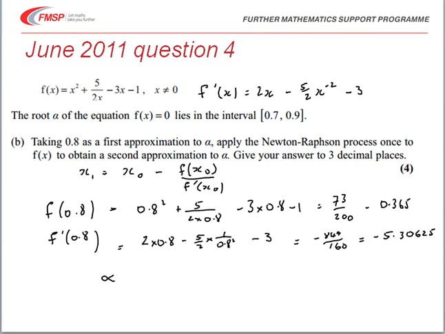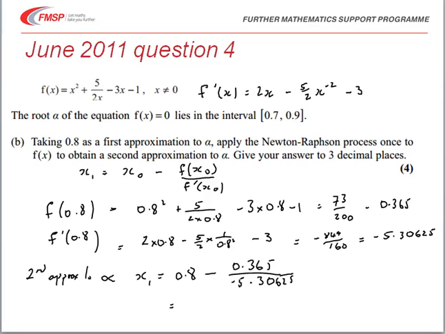Our second approximation to alpha, which is going to be x1, is equal to 0.8 minus f of 0.8, which we've calculated to be 0.365, divided by f dashed, which is negative 5.30625.